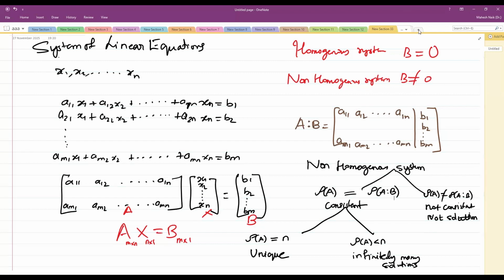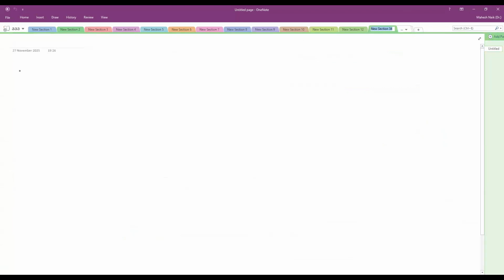Apart from this, if we are talking about a homogeneous system, we know that a homogeneous system will be AX equal to 0. So is there a possibility that the system will be inconsistent? No, because 0 is always a solution.